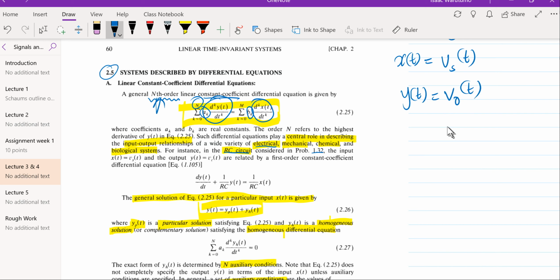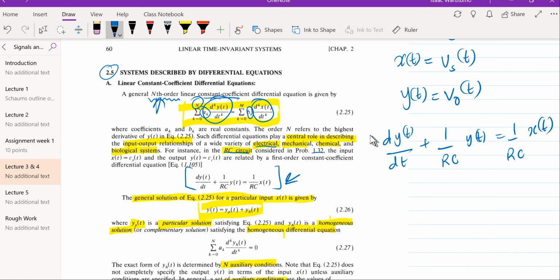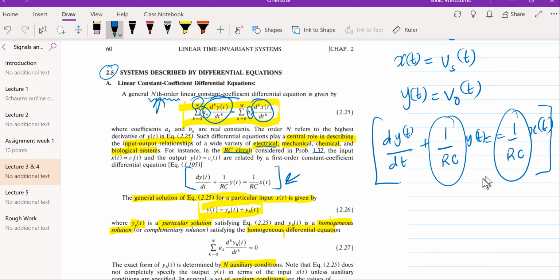And therefore, that kind of system might be described by a first order constant coefficient differential equation, dy(t)/dt plus 1/RC y(t) equals 1/RC x(t). So this is a general first order constant coefficient differential equation.